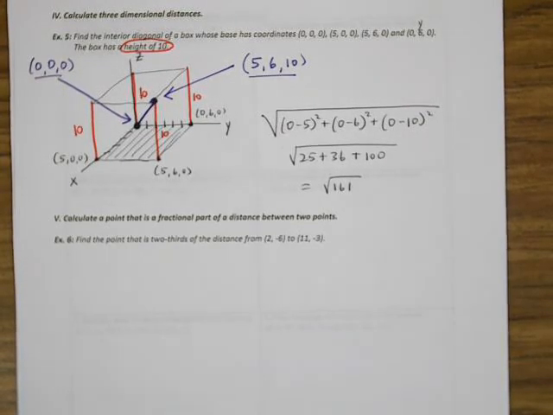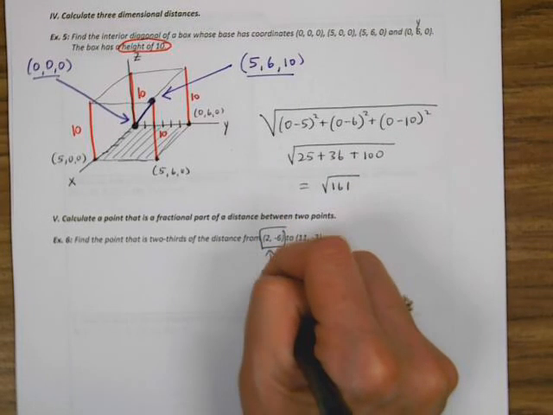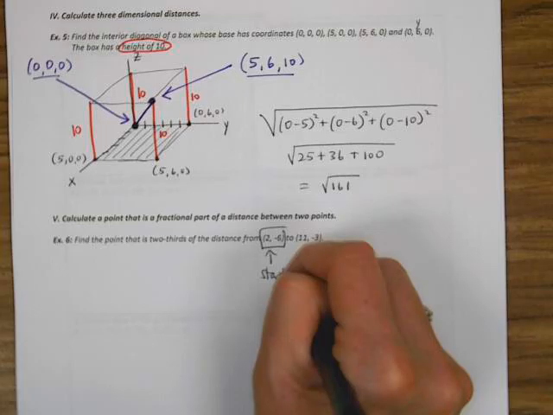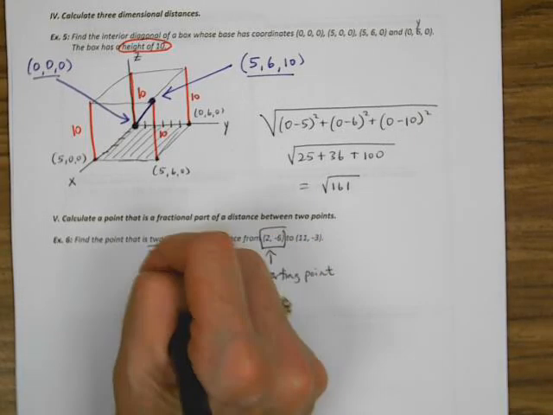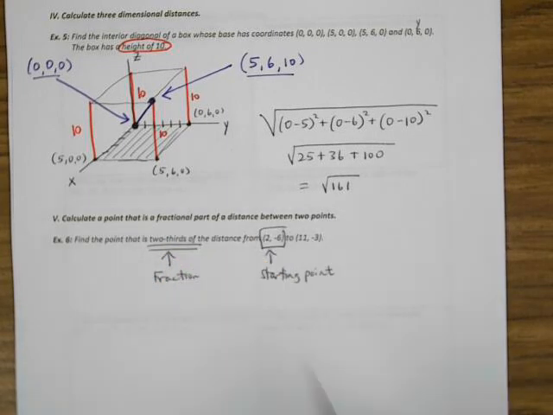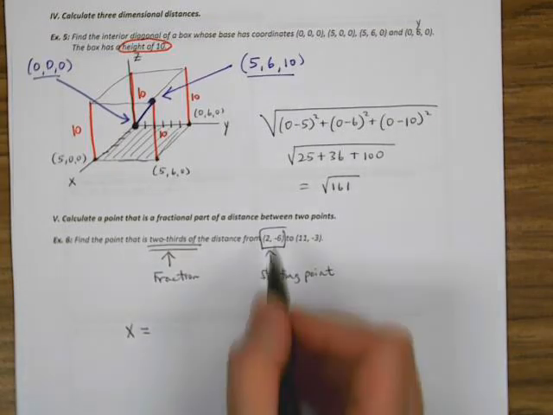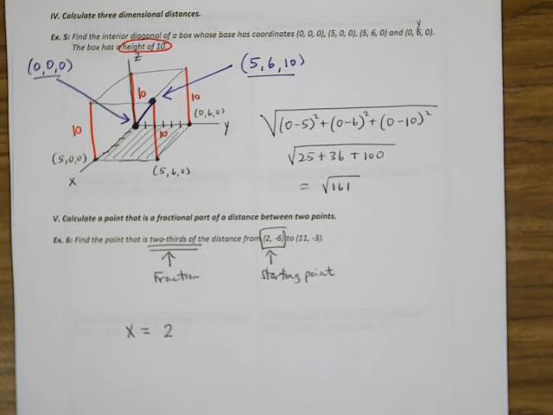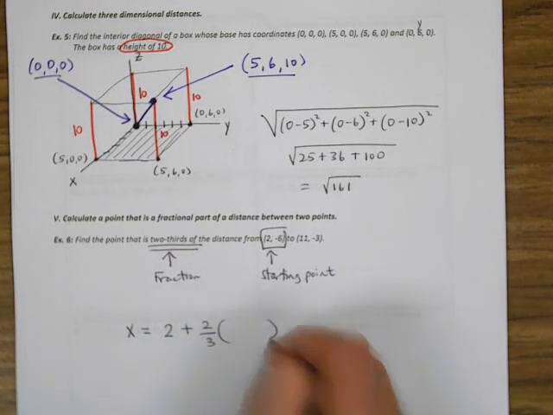Find the point that is 2/3 of the distance from 2, -6 to 11, -3. So this is my starting point, and 2/3 of the distance, there is my fraction. To get my x coordinate, I'm going to pick the starting x value 2, and I'm going to add on a fraction of the x distance.